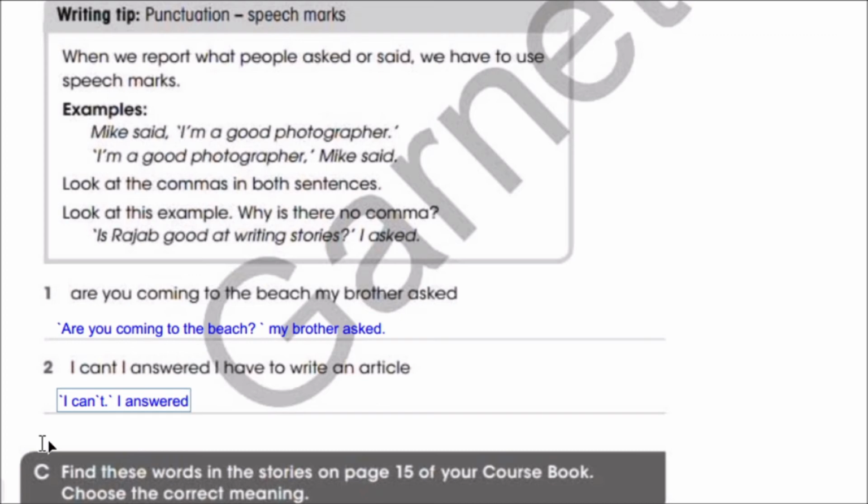I answered. And then we put a full stop, speech mark. "I have to write an article." Very good. And then full stop, speech mark. Very good. This is how you change these sentences using the full punctuations. Very good. Now let's move on to question C.